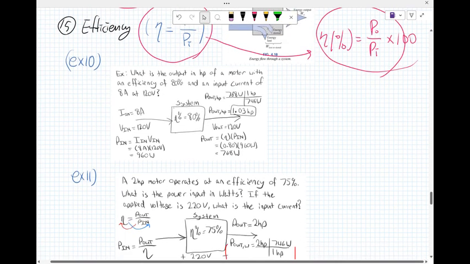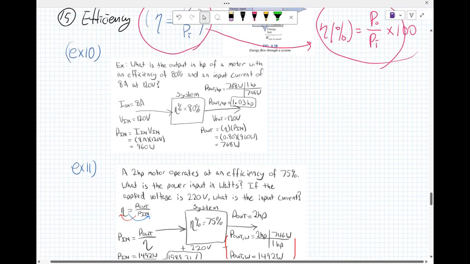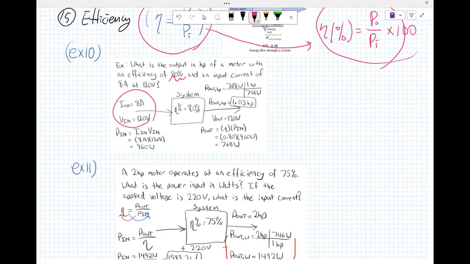So what is the output in horsepower of a motor with an energy efficiency of 80% and an input current of 8 amp at 120 volts? From the input current and voltage, we can find the input power using the formula VI, and the efficiency of 80% means 0.8 multiplied by the input power, which we have already calculated. Finally, P sub out is 768.